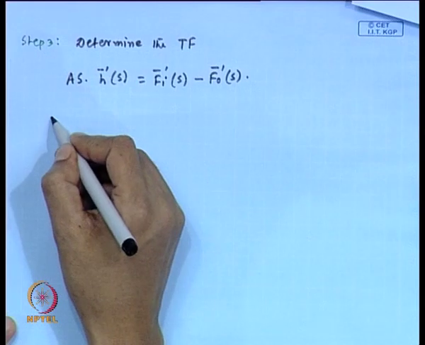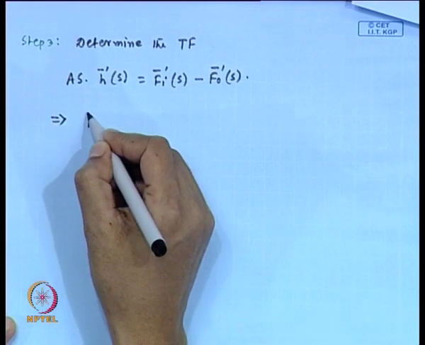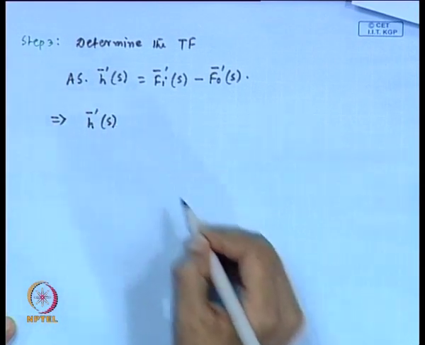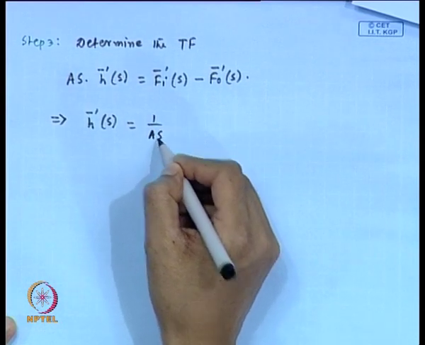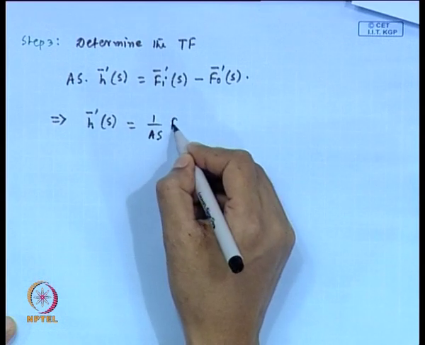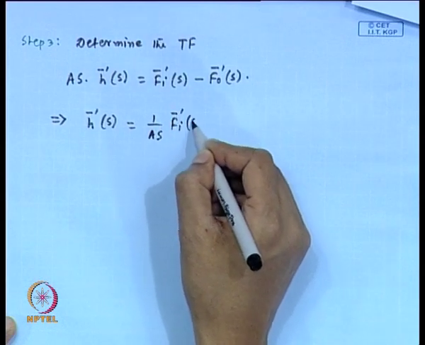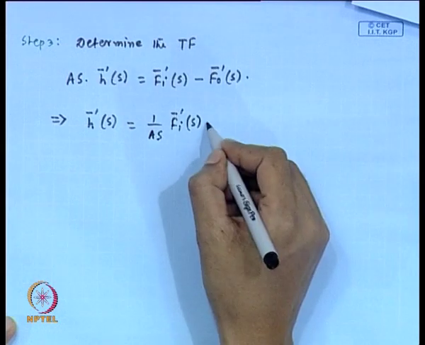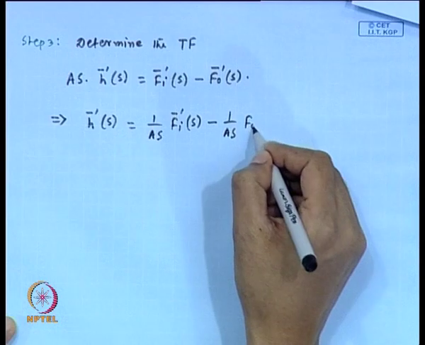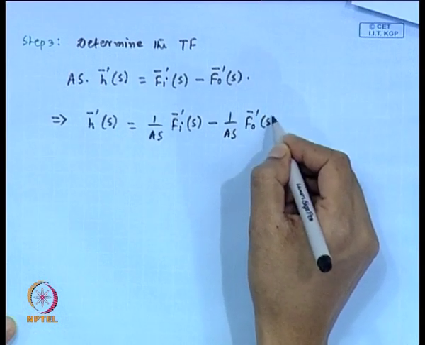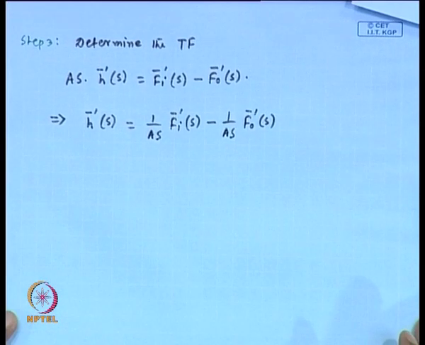Now, if we rearrange this equation, we get h bar prime(s) equal to 1 by A s f_I bar prime(s) minus 1 by A s f_0 bar prime(s), fine.